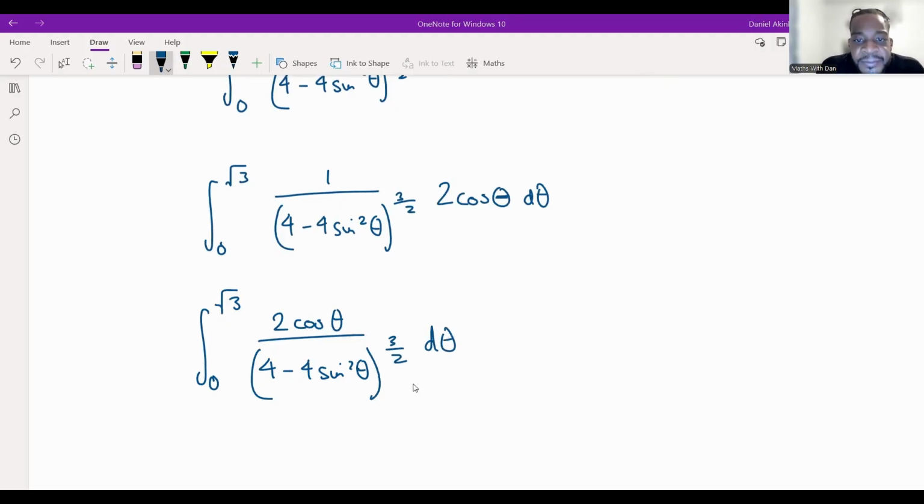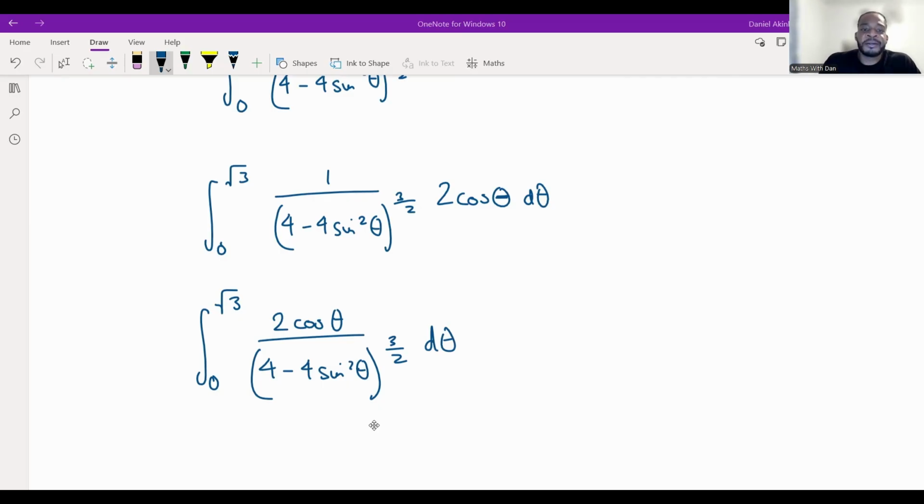Right? Now, remember, this is a definite integral. What do I need to do that I haven't done yet, guys? We need to change the limits.